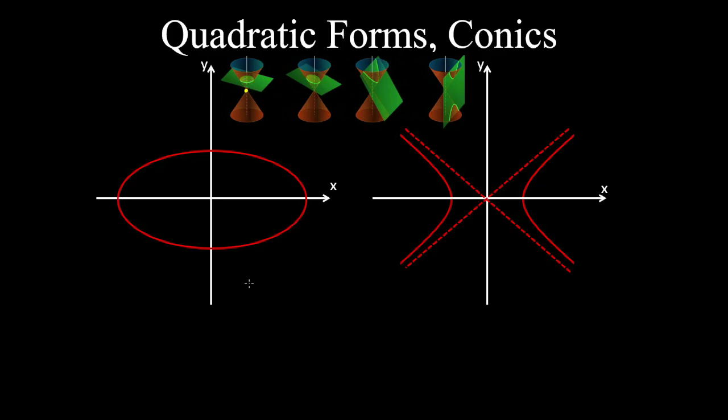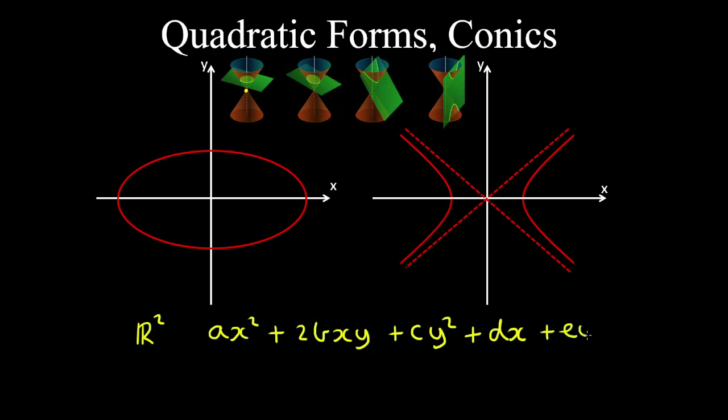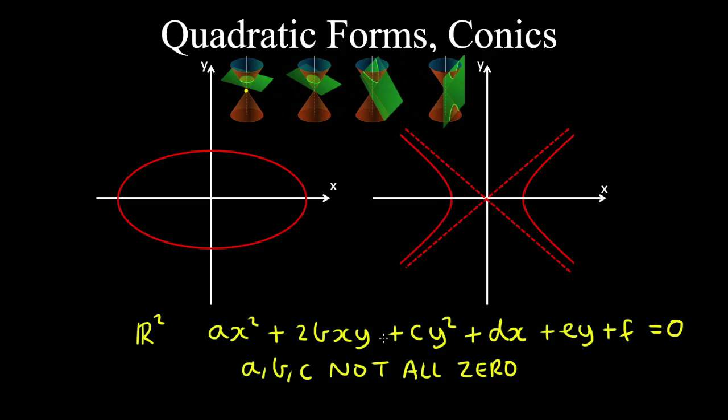So in general, the quadratic form in 2 space, being ax squared plus 2bxy plus cy squared plus dx plus ey plus f is equal to 0, where a, b, c are not all 0, represents a conic section.